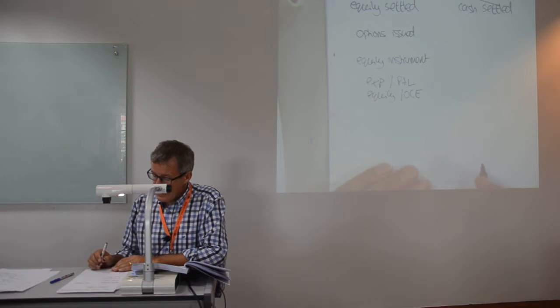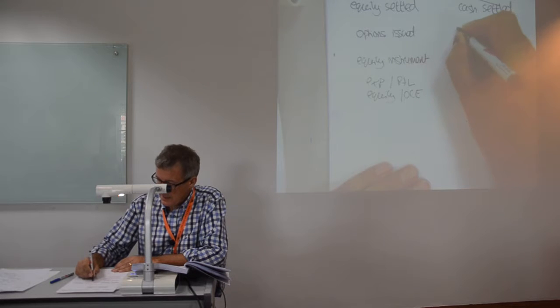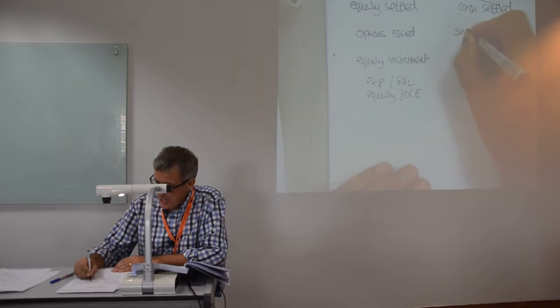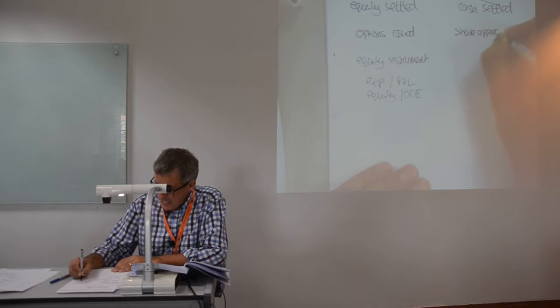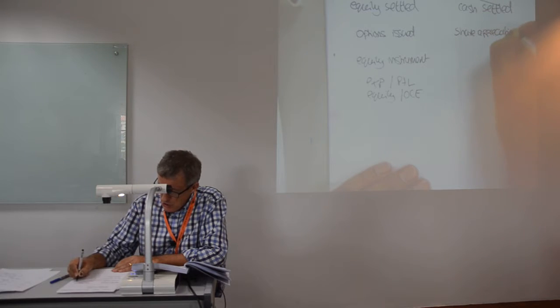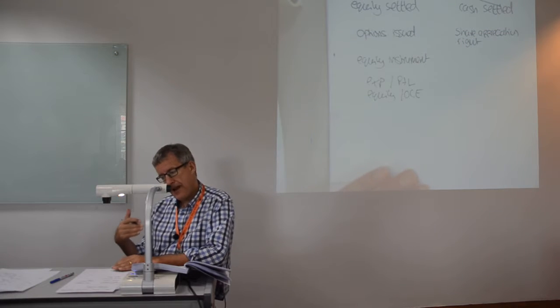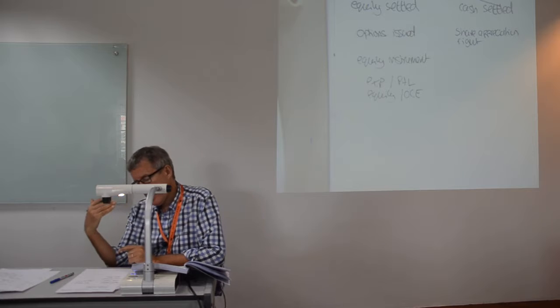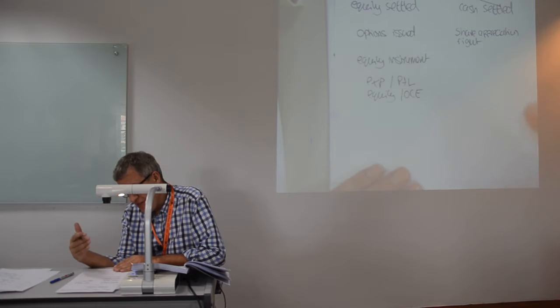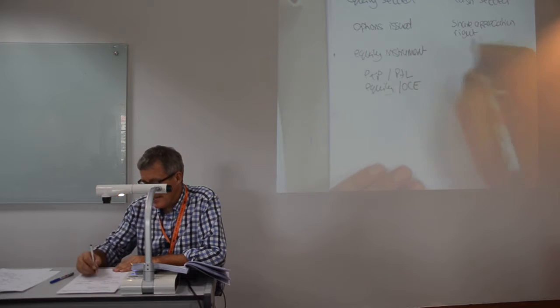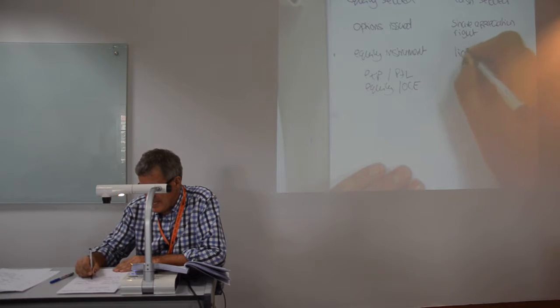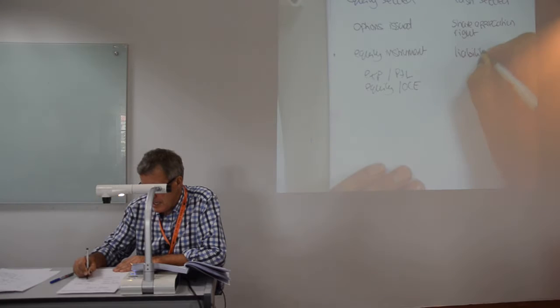If it is cash settled, then it's a share appreciation right. You're giving out the right for them to receive cash if the share price goes up. Now that basically is a liability.